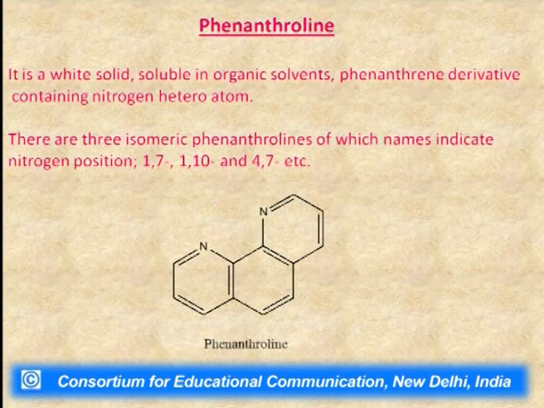The position of these nitrogens can be different, and we can get different phenanthroline derivatives depending on the carbon number. If the nitrogens are present at carbon numbers 1 and 7, then it will be 1,7 phenanthroline. It can be 1,10 phenanthroline. It can be 4,7 phenanthroline, and likewise we can change the position of nitrogen and get the subsequent derivatives.